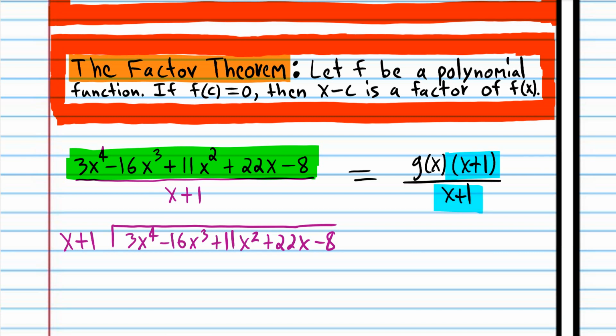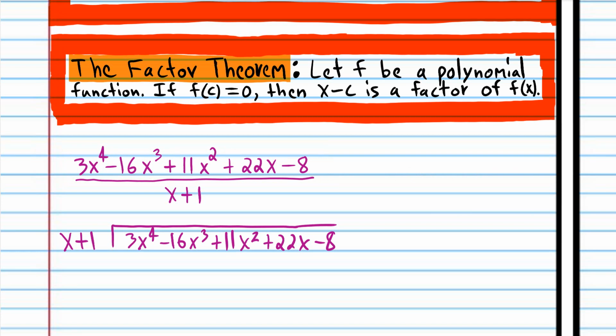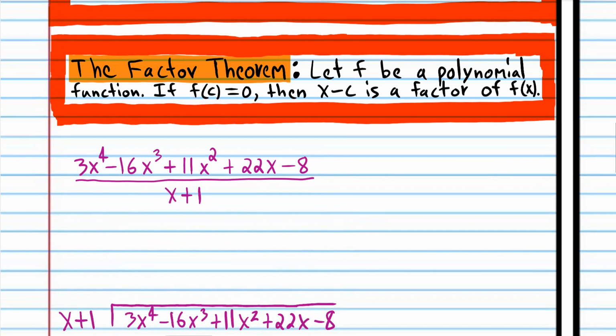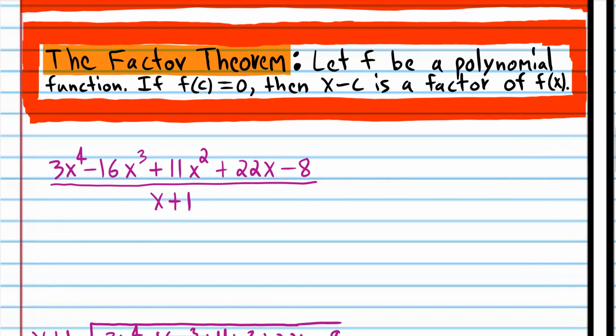Furthermore, g of x is going to be a polynomial that has a degree 1 less than the degree of the green polynomial. And how do I know that? Well, it's actually pretty easy to show. If we divide by x plus 1, we're going to get, again, some function g of x.